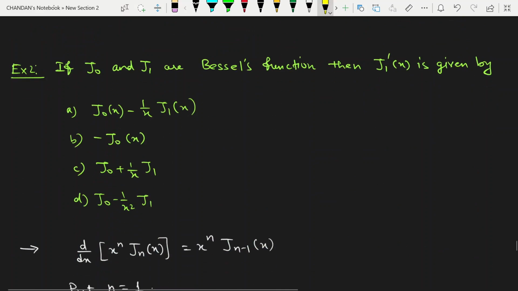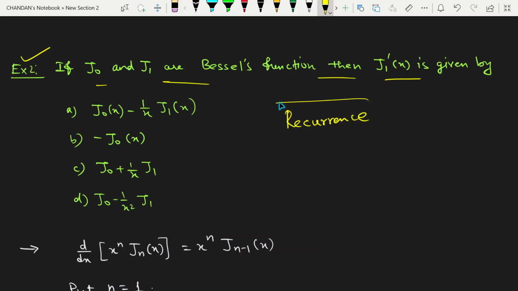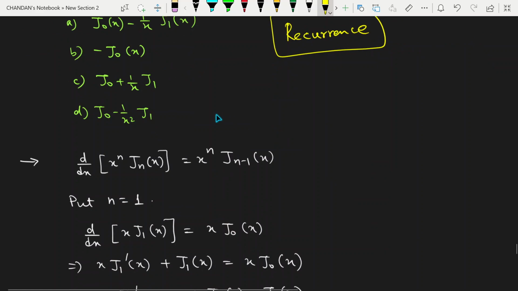Now example 2: if J_0 and J_1 are the Bessel functions, then J_1' is given by. This is based on the recurrence relations of the Bessel functions. So which recurrence relation do we need? See here, J_0 and J_1 are given and J_1' is asked. So we can apply this recurrence relation, d/dx of x^n J_n(x) is equal to x^n J_{n-1}(x).